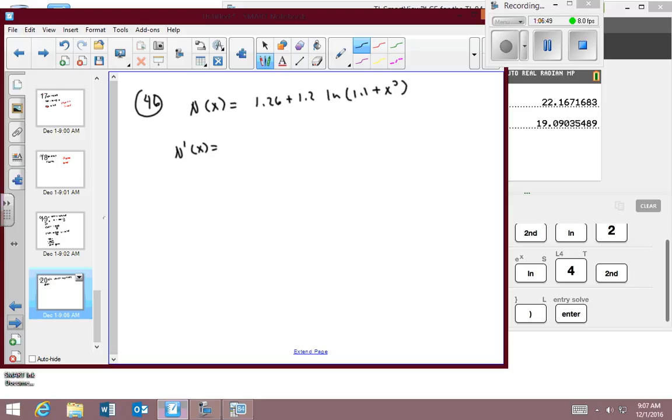So it's going to be 1.2 times 1 over the argument times the derivative of the argument, 3x squared.